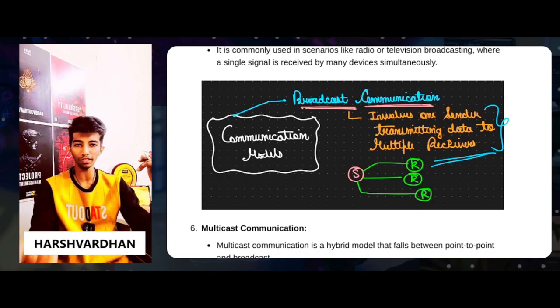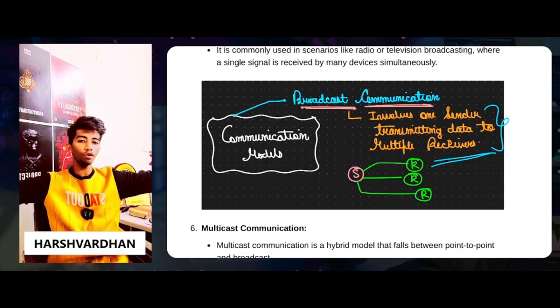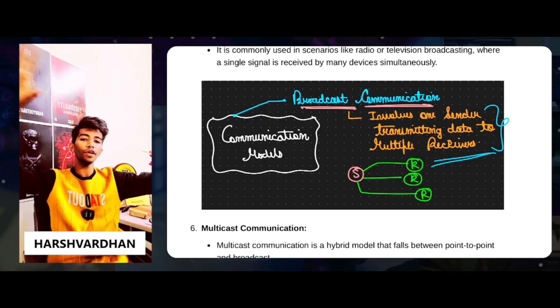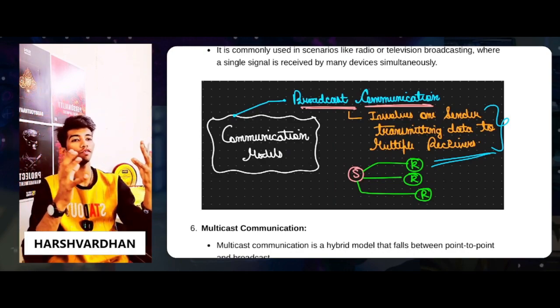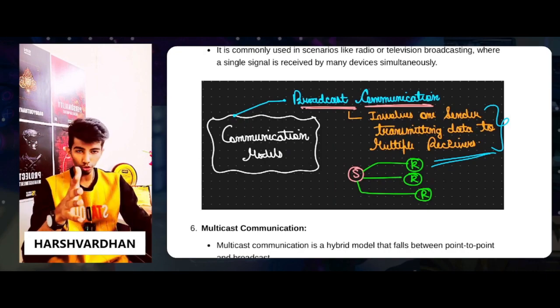It means the movie is played from one particular place, and from there the data is sent to different servers, satellites or receivers, which receive that data and show it to you on the screen.